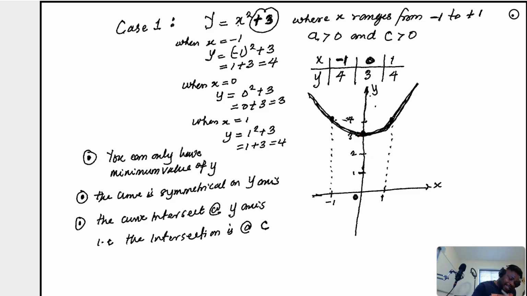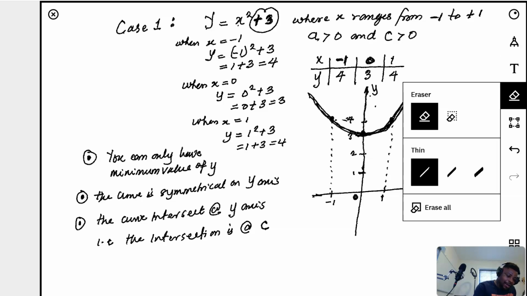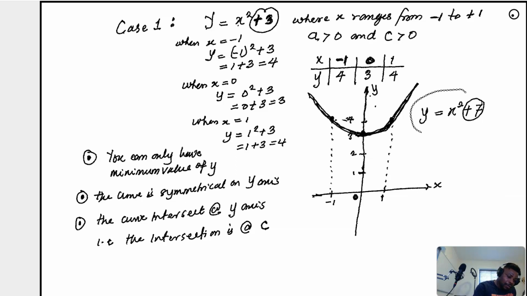So definitely, if I have another question, like y is equal to maybe x squared plus 7, the curve will intersect at +7. Don't worry, we'll see this as we continue. Okay, so here now, for this case 1, this is what is going to happen.